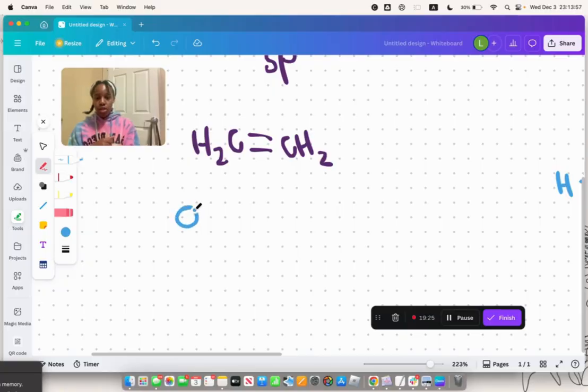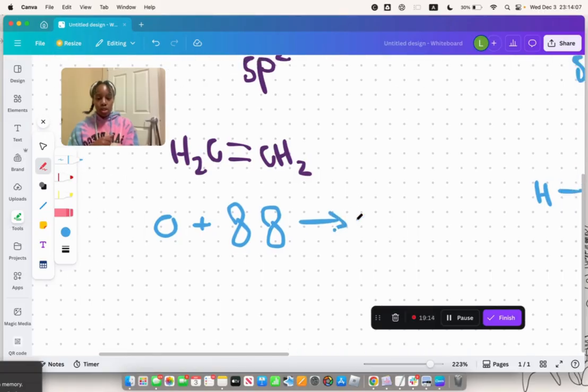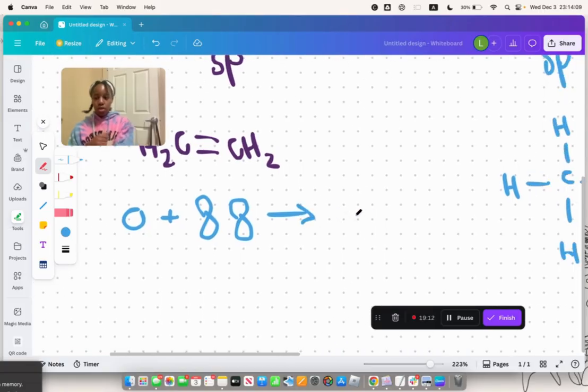So we'll take our s plus two p's, which is going to make our three hybridized orbitals, which have much more p character.